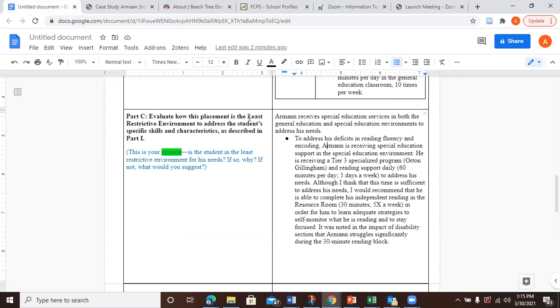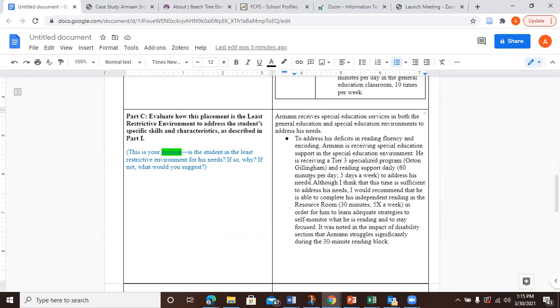Again, this is specifically related to his least restrictive environment, okay? I said that he's receiving special education support to address his deficits in reading fluency and encoding. He's receiving a tier 3 specialized program, the Orton Gillingham program, and reading support daily. That's 60 minutes per day, 5 days a week to address his needs.